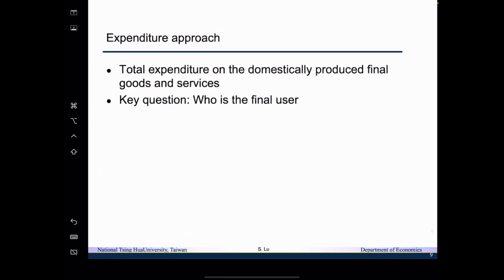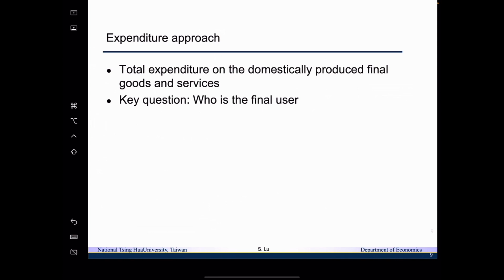Here we say that the expenditure approach needs to add up the total expenditure on the domestically produced final goods and services. Once we are able to add up all the expenditures on the domestically produced final goods and services, then we will be able to come up with a GDP number.